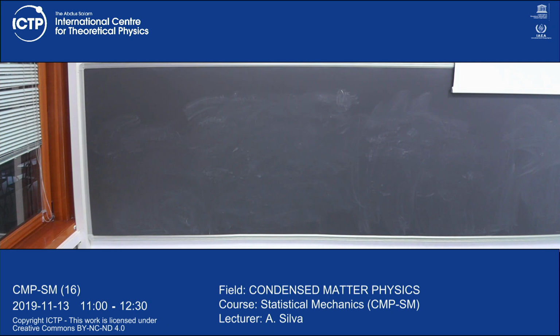And now in quantum mechanics, I can just write this as the sum over N from 0 to plus infinity of z to the N times the sum over little n, the quantum number of my eigenstates, of e to the minus beta E_n.